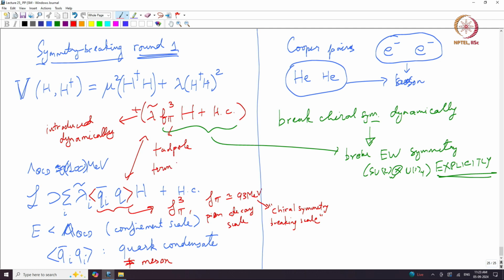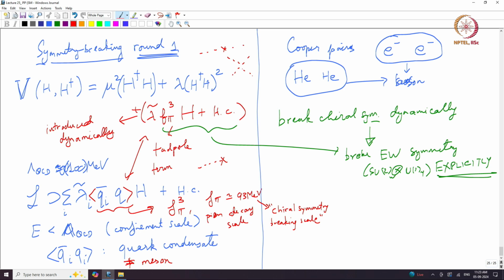Why tadpole? Because in a Feynman diagram, if I want to draw the vertex, it will look like this, whereas this vertex I can write as a mass, this vertex is a quartic, and this vertex looks like a tadpole basically. Okay.